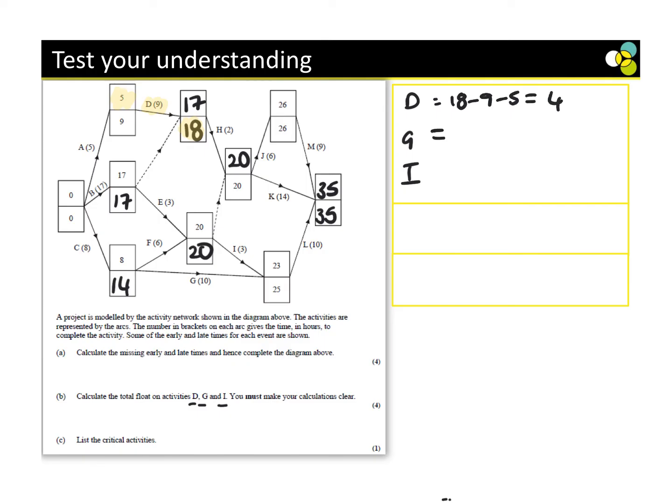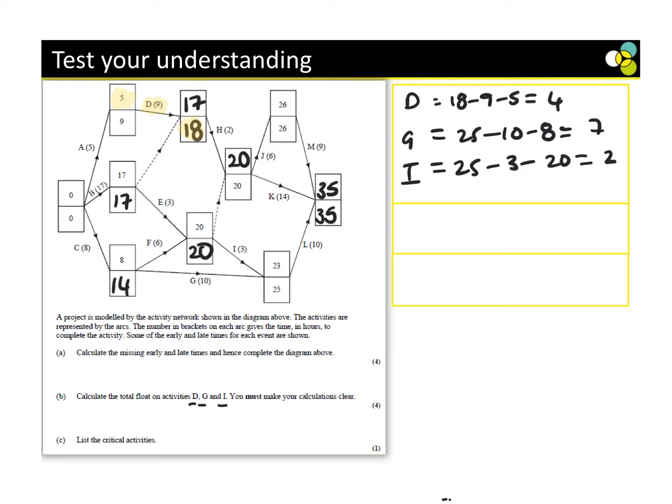We're going to apply the same for G. 25 minus 10 minus 8, which is 7. For I, we're going to have 25 minus 3 minus 20, which is 2. Perfect. So this is why we need to understand how to do this. Sometimes we know if it's 0, it's a critical activity, but we also have to look at the floats.